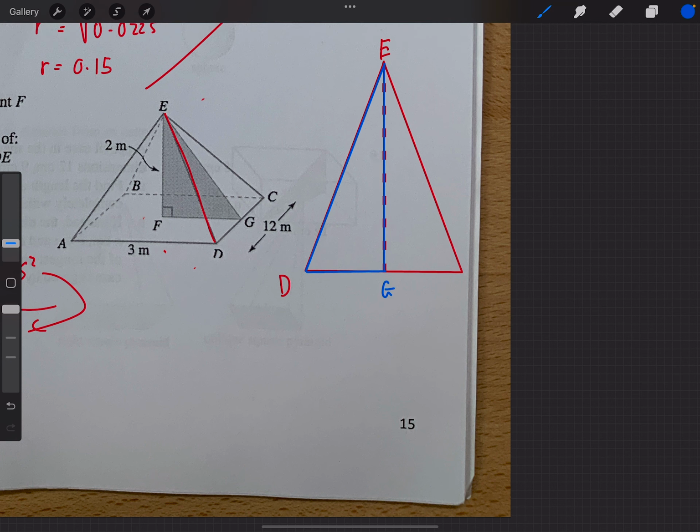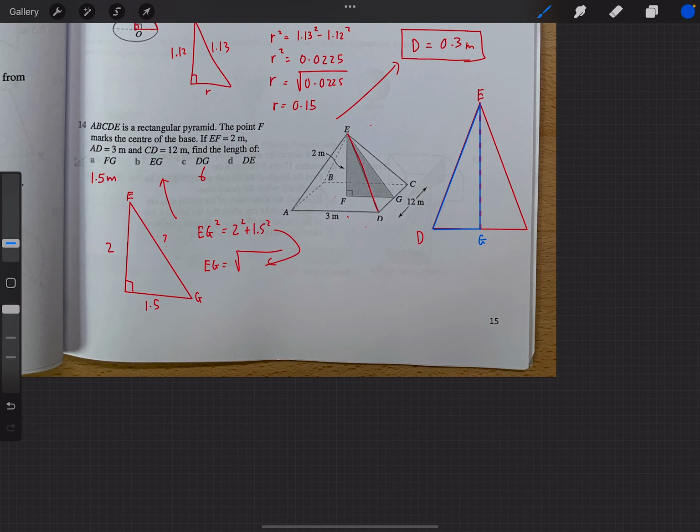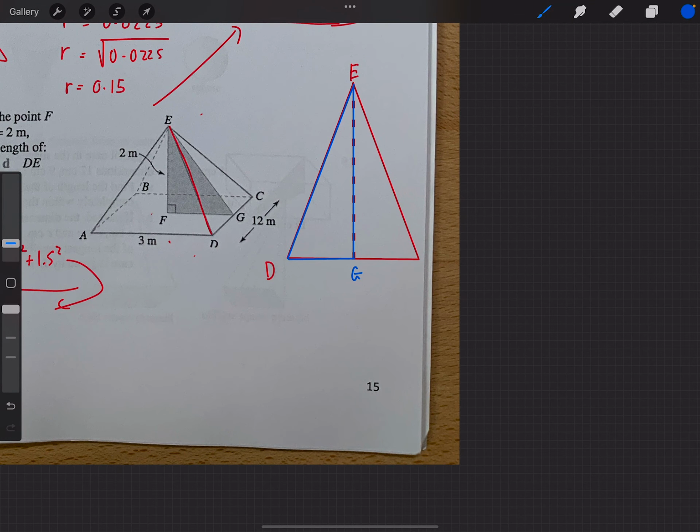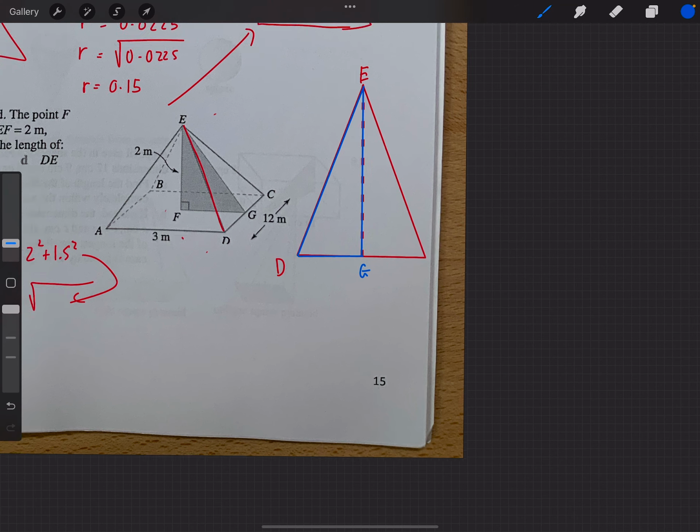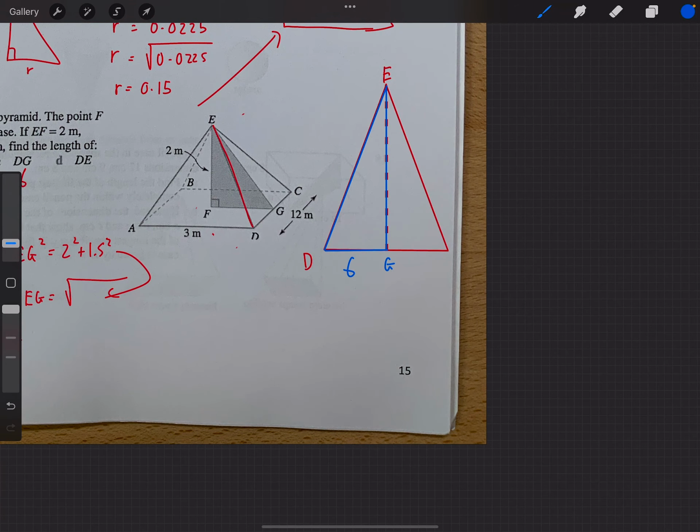This is G. We already know what GE is, or EG. EG is from question B. Whatever that is, we can use that. And then we have this one DG, which is 6. We know whatever length this is, EG. So we can use Pythagoras to find out DE.